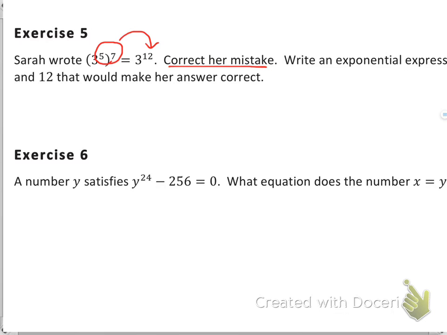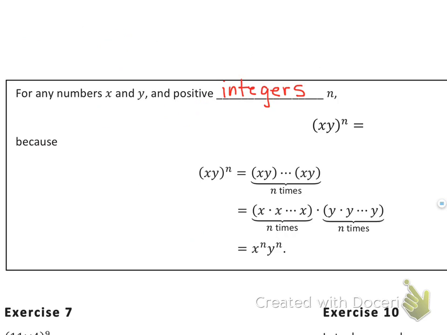It looks like she added the 5 and 7 to get 12, but when raising a power to a power, we need to multiply. So to fix her mistake, we need to take 3 to the 5 times 7, and that is equal to 3 to the 35th power. We're going to skip exercise 6 for now. We'll address that in a different lesson.